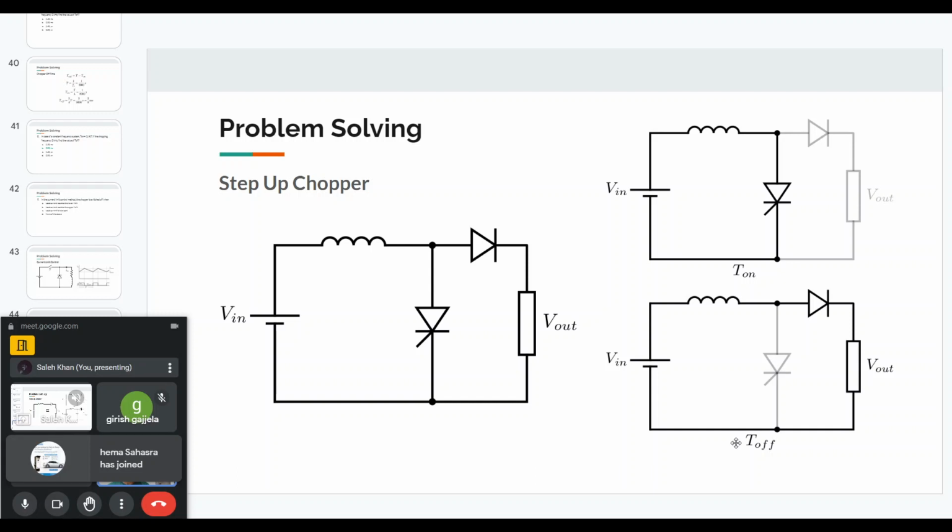So basically, the question is asking what will be the pulse time of the output voltage. So the question is basically asking for the T off time. You're given the input voltage of 220 volts, the output voltage of 660 volts, and you are given the thyristor on time. So you are given the T on time, and you are asked to find the T off time.